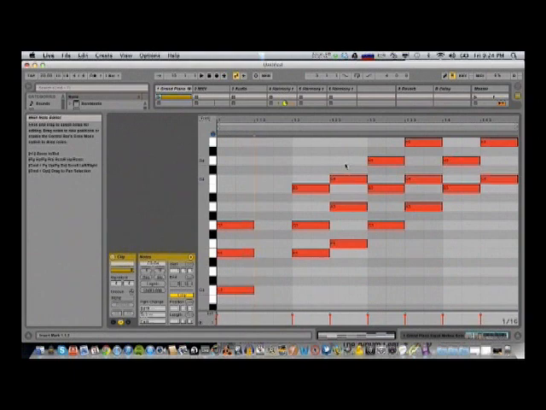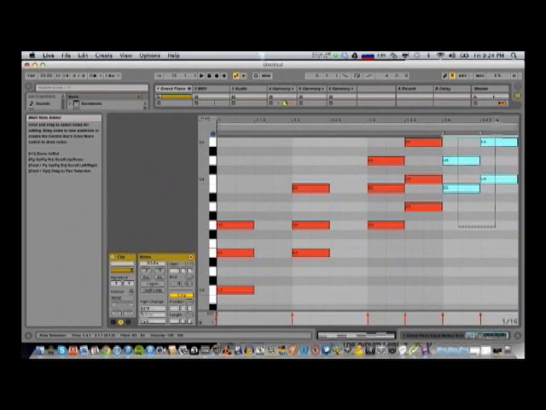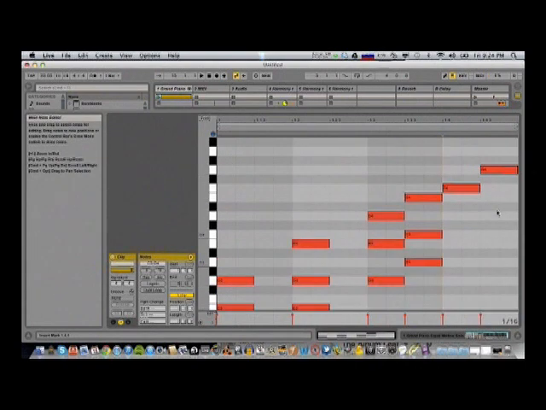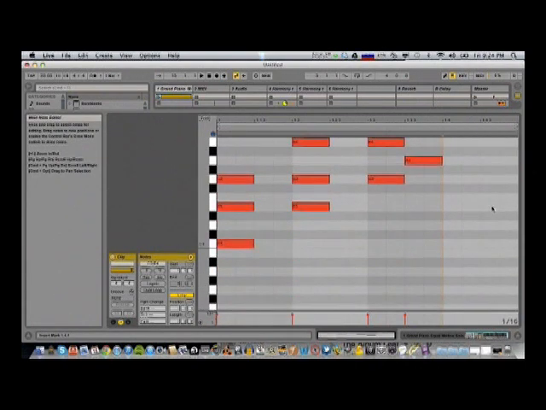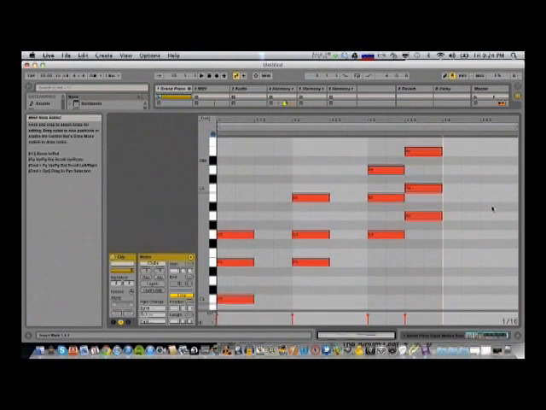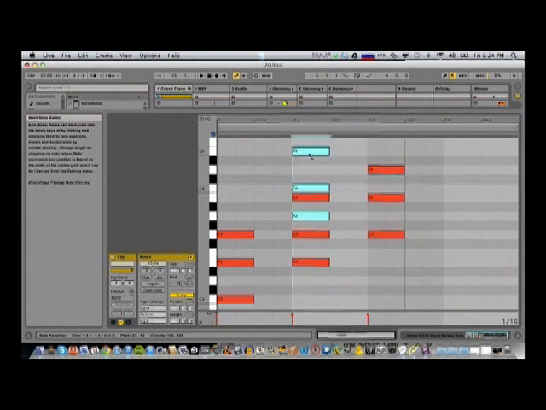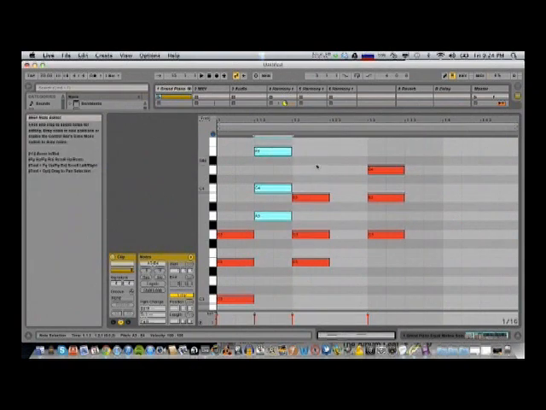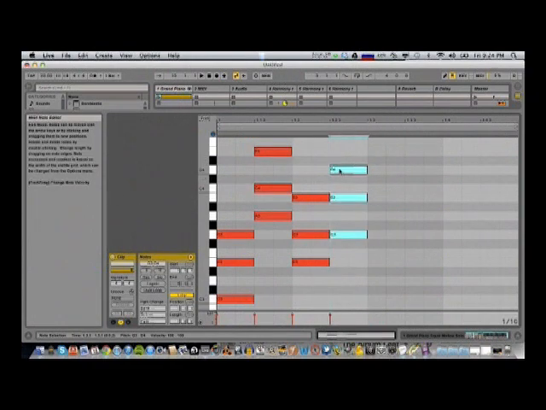Maybe we'll use the 5 chord and the 6 chord. How about that? So I'm going to get rid of the 7th and 8th. Okay, so here we have a 4 chord progression. Let's maybe change the order of these. Let's put our 5 chord over here. And yeah, that works like that.